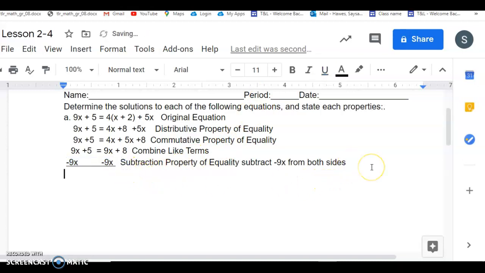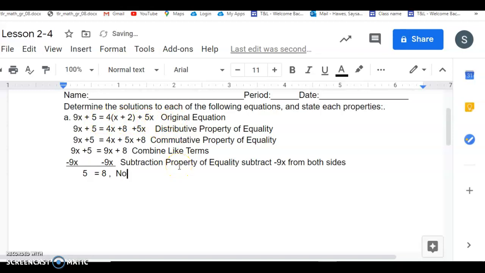Okay, now on the left side I have 5 equals 8. So when you solve the equation and you have a solution like this, you have 5 equals 8, that means this equation has no solution.